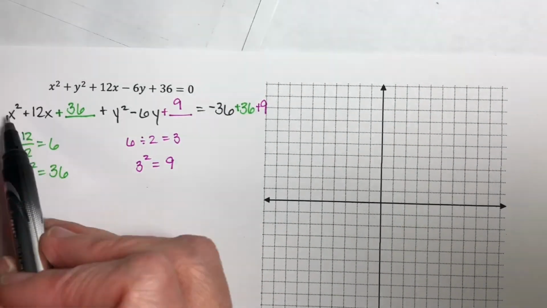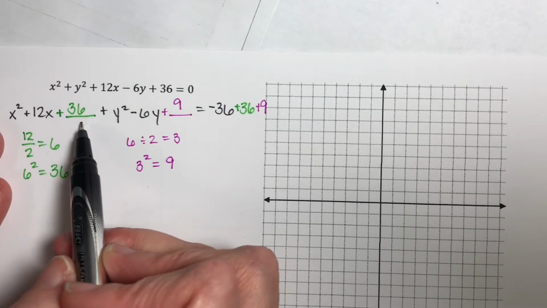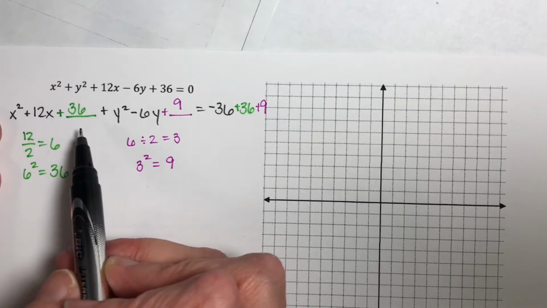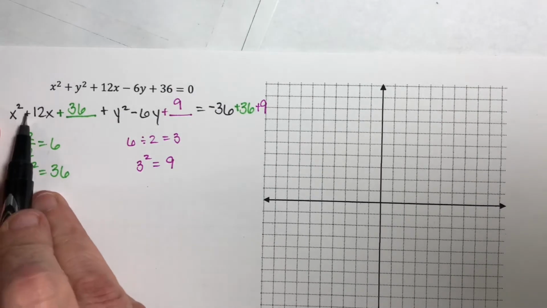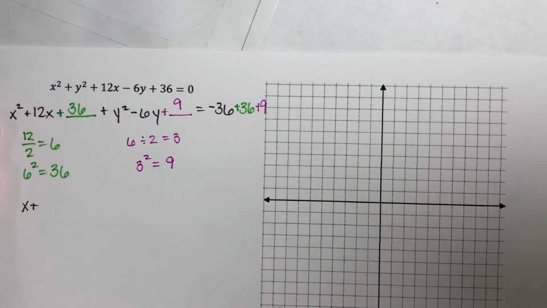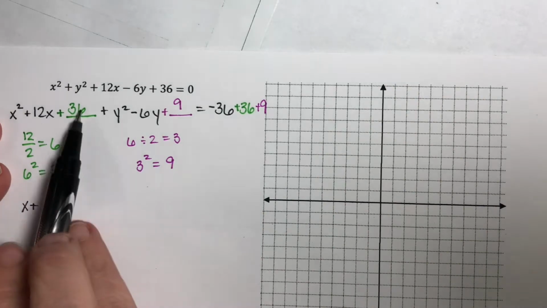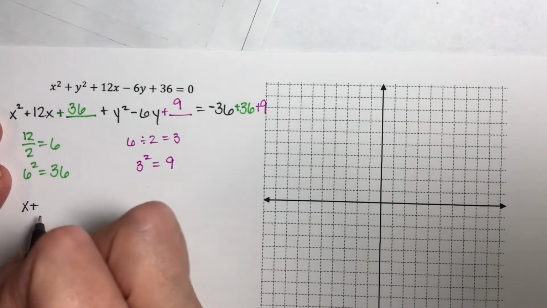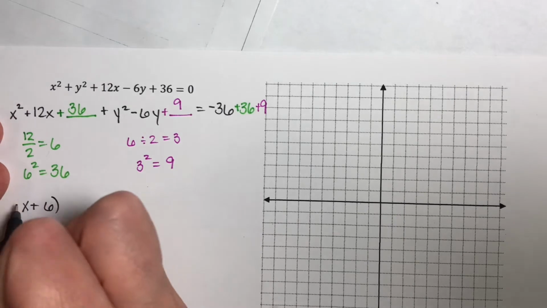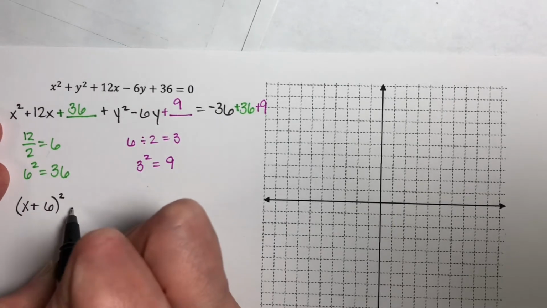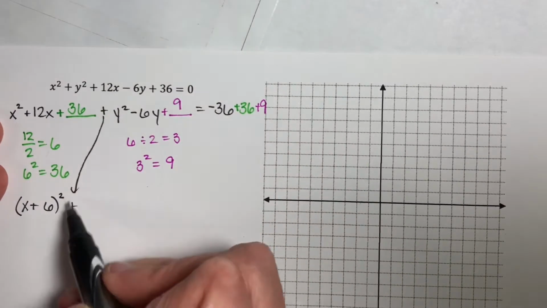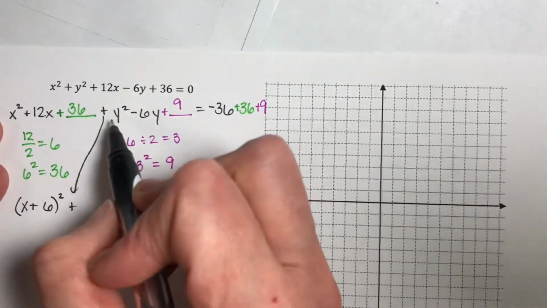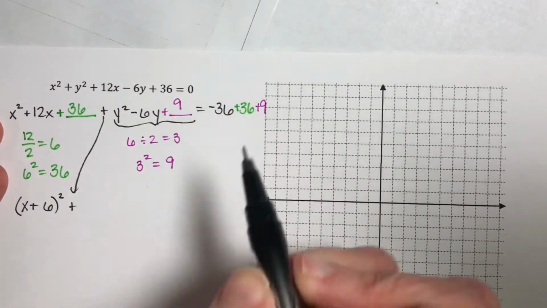So x squared plus 12x plus 36, this is a perfect square trinomial. Square root of x squared is x. This is a plus sign, so this is a plus sign. The square root of 36 is 6. So I have x plus 6 squared plus, and again, you cannot lose that plus sign. This is that same plus sign. Now let's factor this.